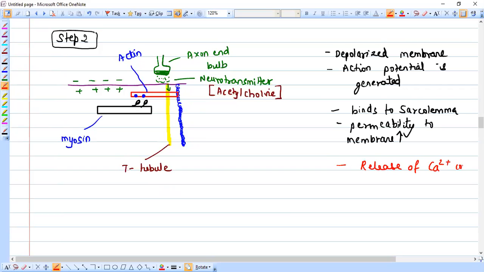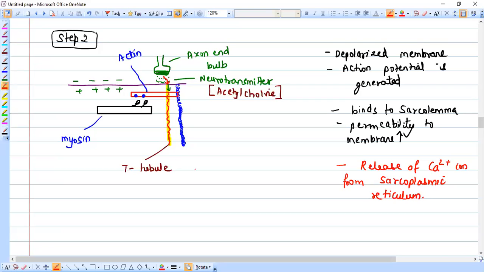Your muscles cannot contract if there is no calcium ion released. So there is a release of calcium ion from the sarcoplasmic reticulum.